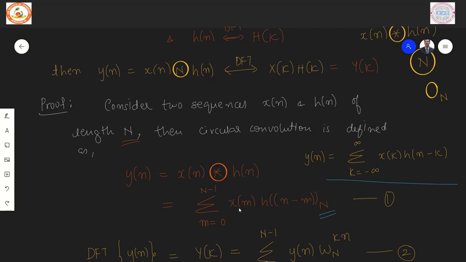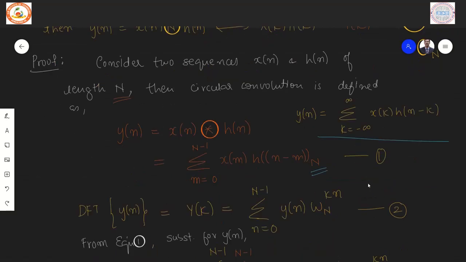Here also we have x of m and h of minus m, which means we are doing reflection here also, and then we are shifting it by an amount n. So n here also sets the shift. But both these operations are controlled by mod. In other words, we perform the folding and shifting circularly. So this is one of the major important differences that you can observe.